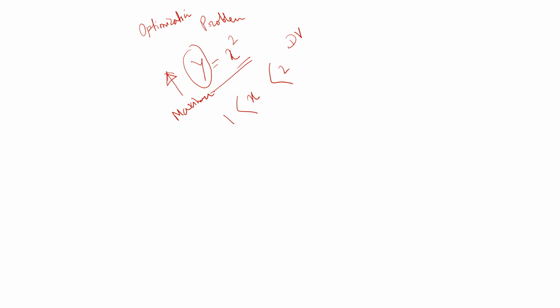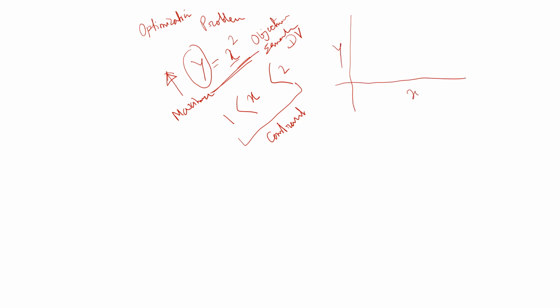This type of equation is known as the objective equation. This is your DV, design variable, and this is the constraint. Your design variable must remain within this constraint zone, 1 to 2. So if you draw a graph of y and x, this y is x square line will be like this.